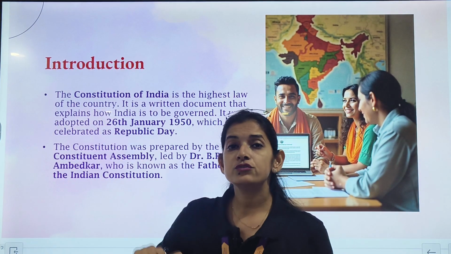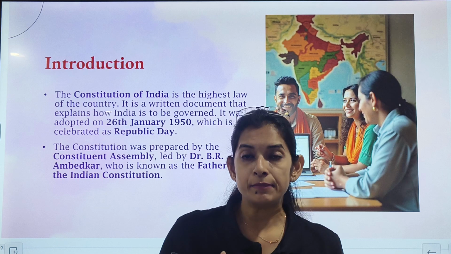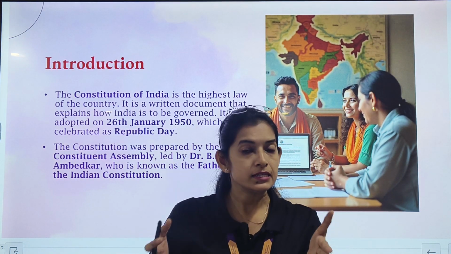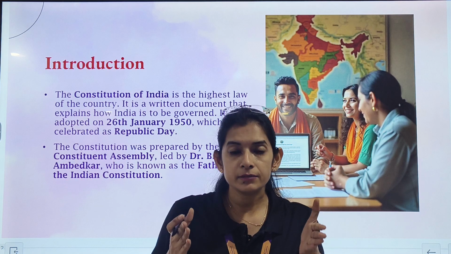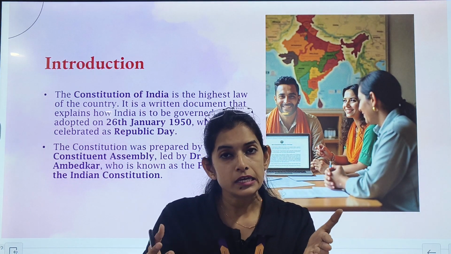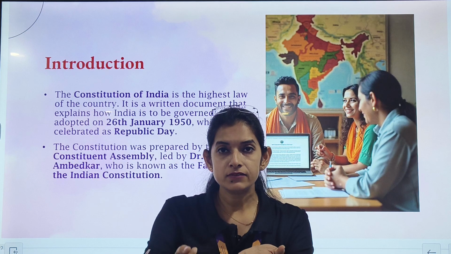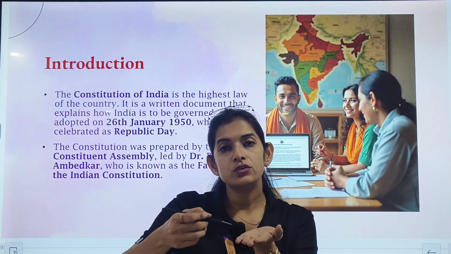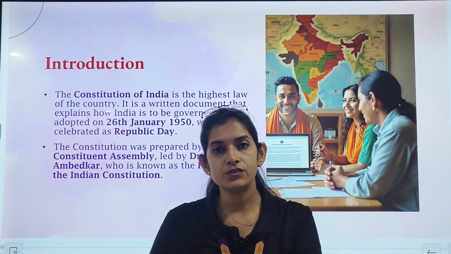Next, the Constitution of India was actually made by the Constituent Assembly. Approximately 300 people were there, and these 300 people were responsible for making the Constitution. Clear? They gave us the objectives, the guideline according to which the drafting committee made the Constitution.